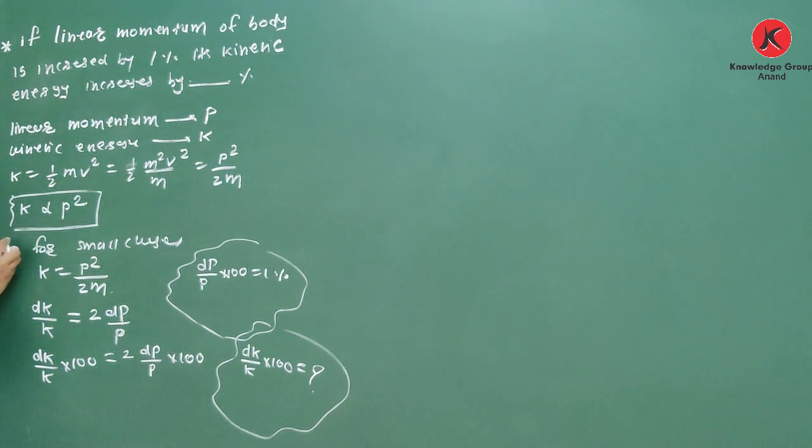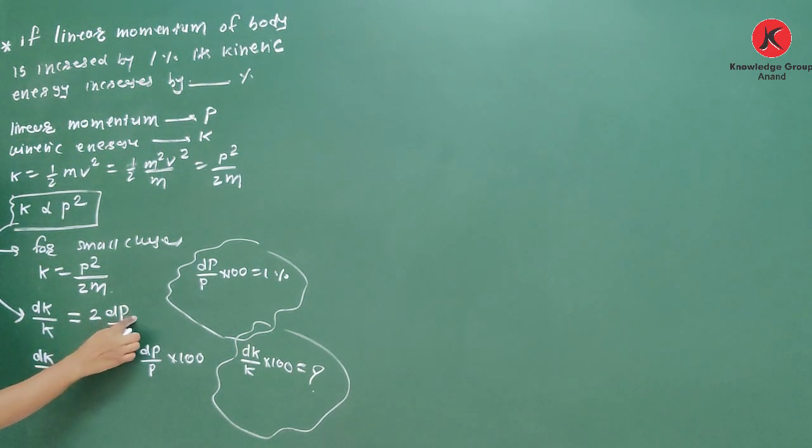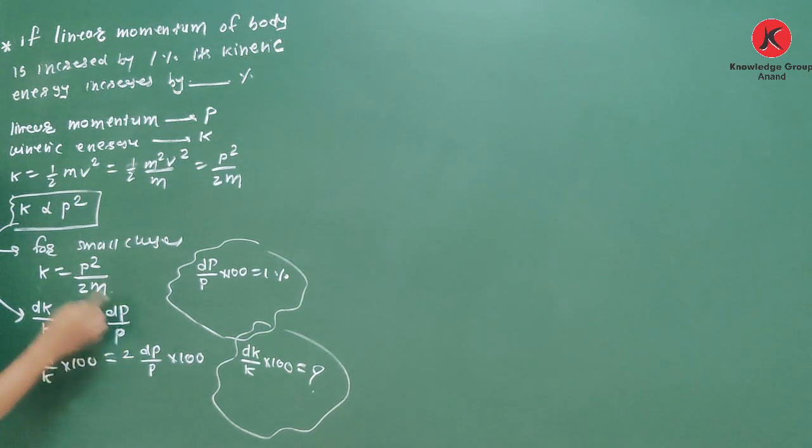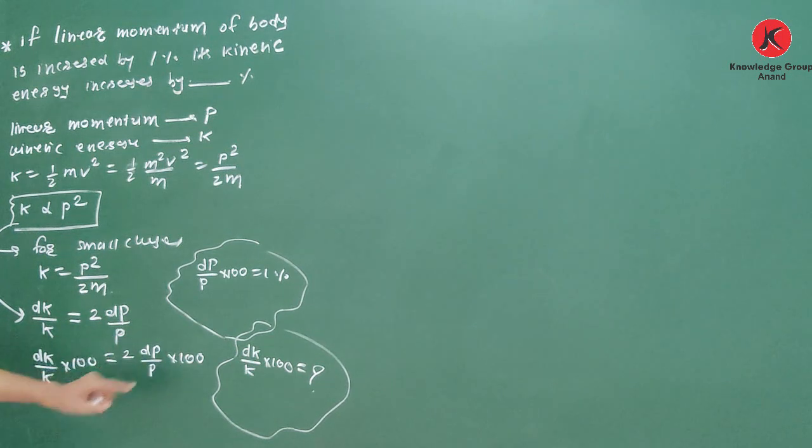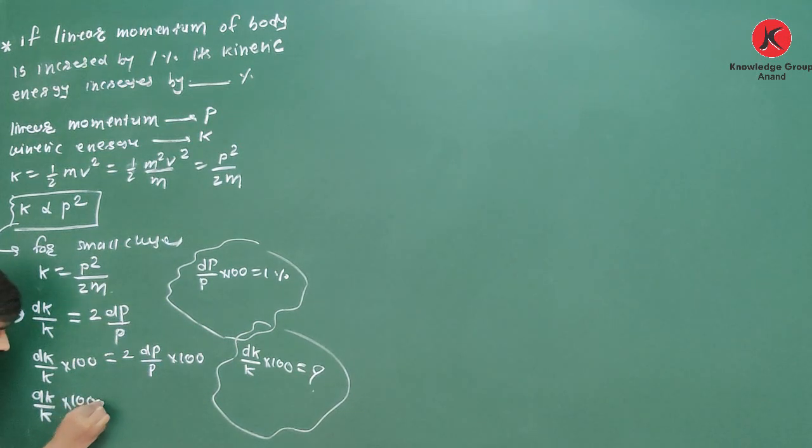So from this equation you can write dK upon K is equal to 2 dp upon p. Clear about this? Okay, so yes, it is for change. Now dK upon K into 100 is equal to 2 dp upon p into 100.